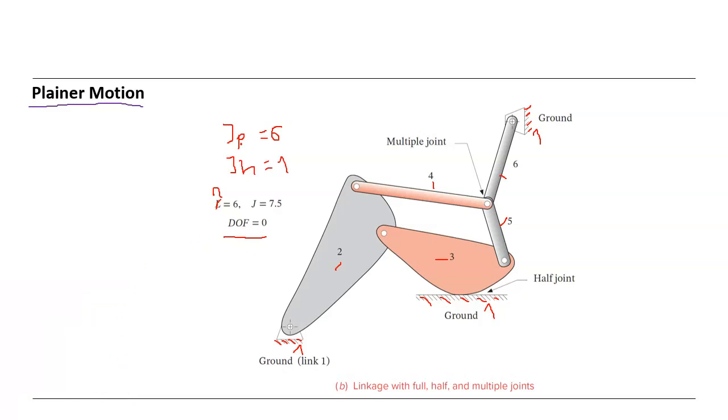So we've said the joint primary is 6, but if we consider this link here, this is actually 2 joints, because 3 links are connected here at a multiple joint.